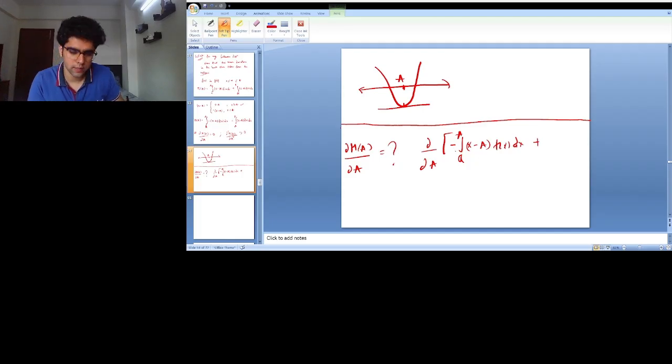Let me multiply the negative inside, and I get minus x plus A instead of minus (x minus A), and the second integral from capital A to b.